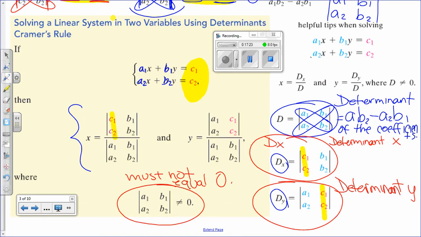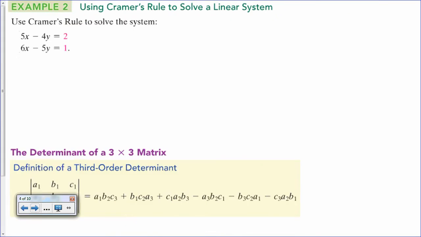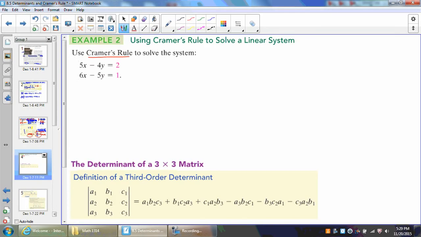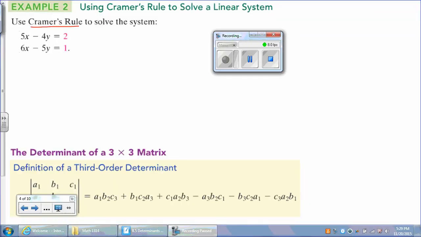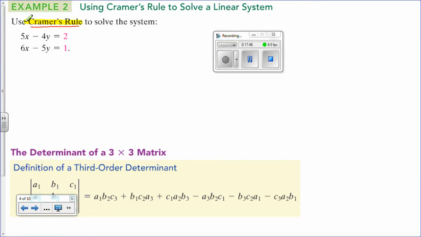All right, so let's go and practice a problem. We have a system here, and we are being told to use Cramer's rule. On your take-home exam, you do have a problem like that, where you must use Cramer's rule.